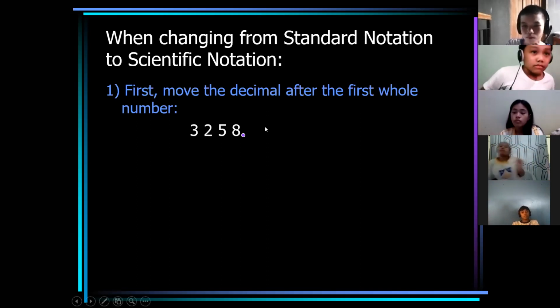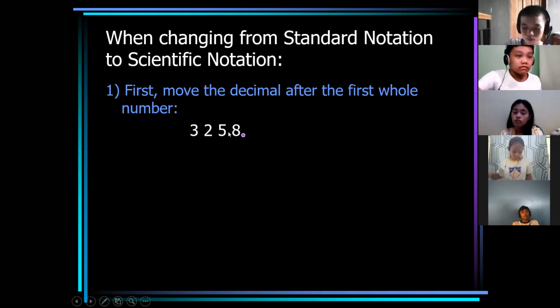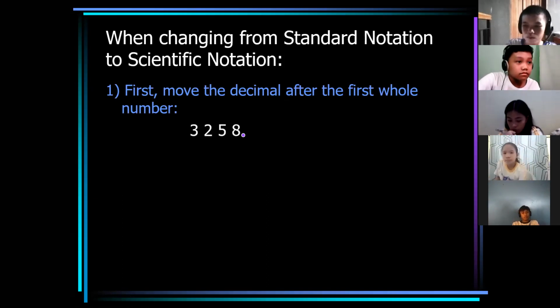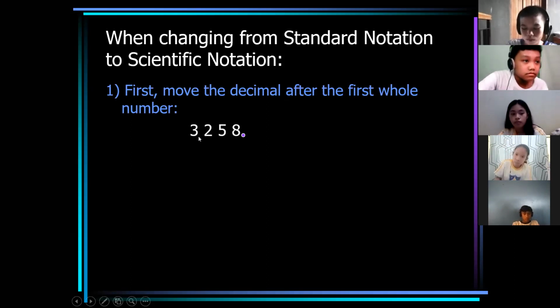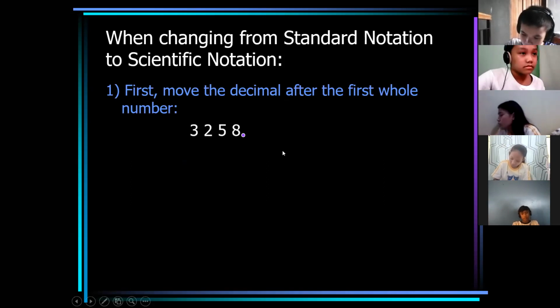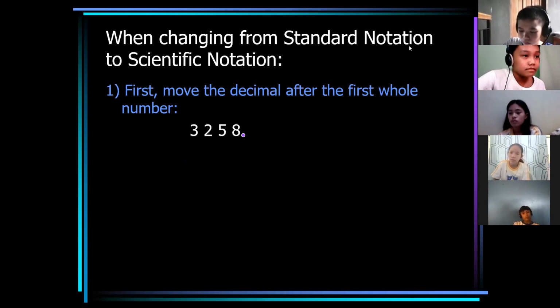So to understand it further, we have here an example. 3,258. Make this into scientific notation. First, you're going to move the decimal point to the first whole number, which is in between 3 and 2. That would be after 3. As I said a while ago, move the decimal point after the first non-zero integer. Let's finish this one.